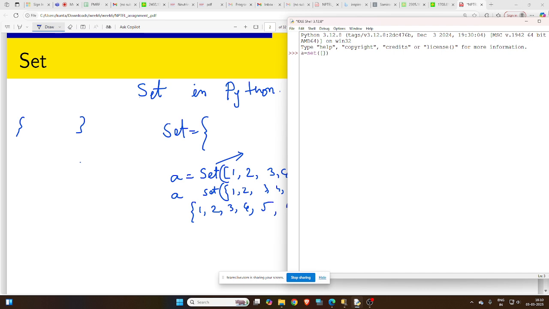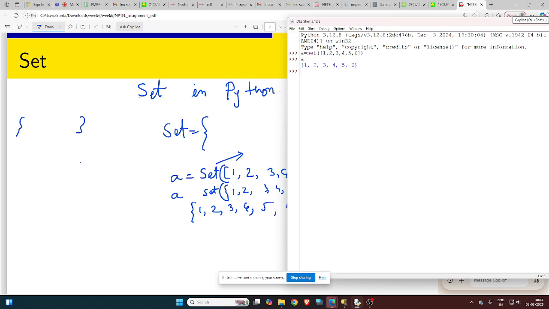So let's say 1, 2, 3, 4, 5, 6. This is just a set of numbers. If I print A, what is A? Right now you can see this is within the second bracket.